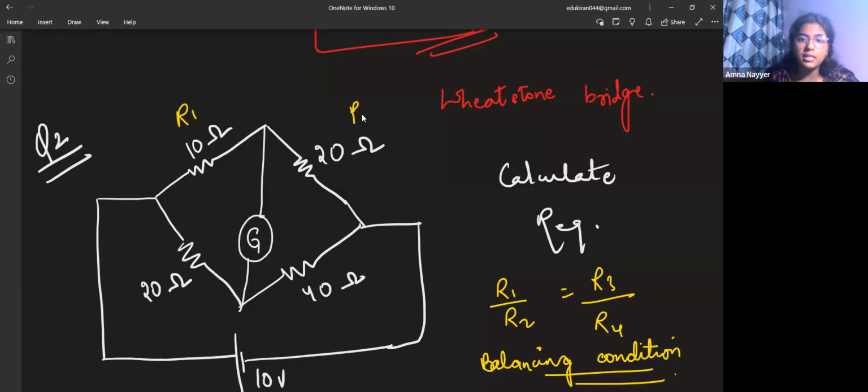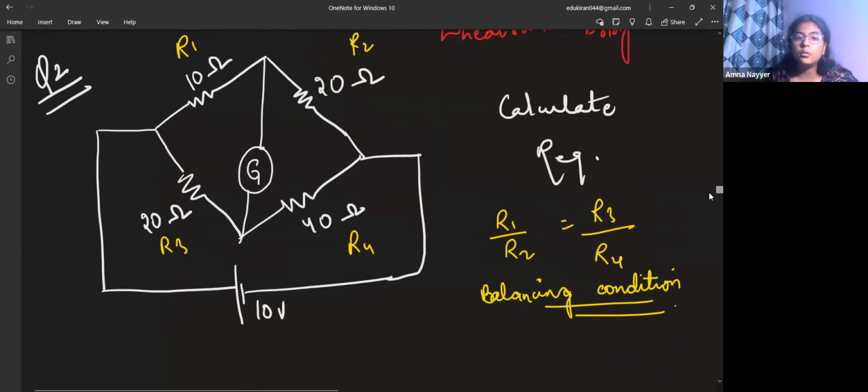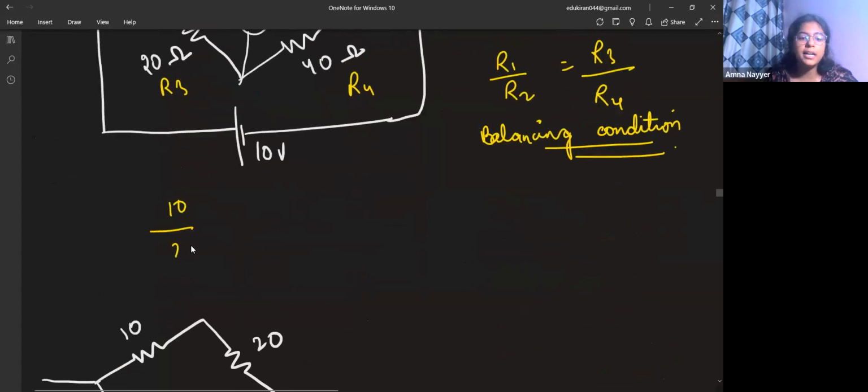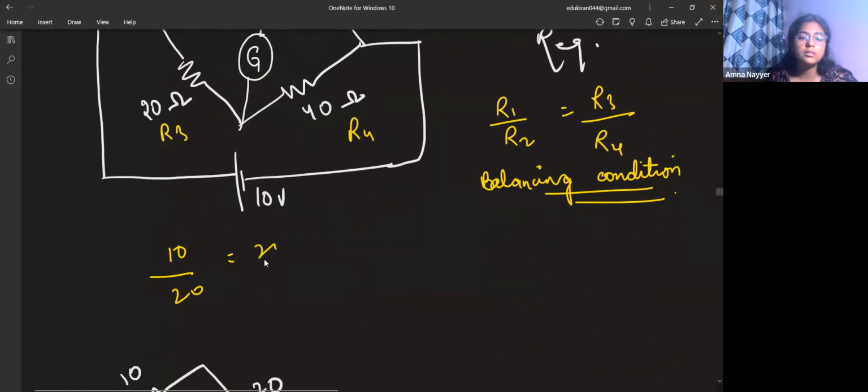This is R1, this is R2, this is R3, this is R4. Check this. R1 by R2 means 10 by 20, right, is equal to R3 by R4, that is 20 by 40 or not. Yes, right. This is also half, this also becomes half, means the condition is balanced.